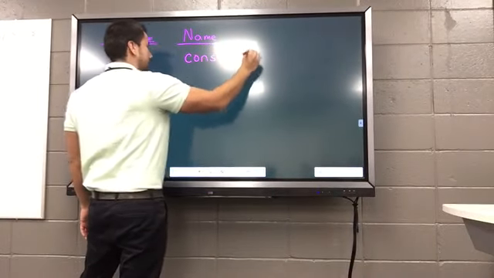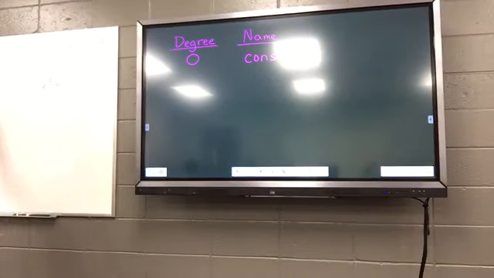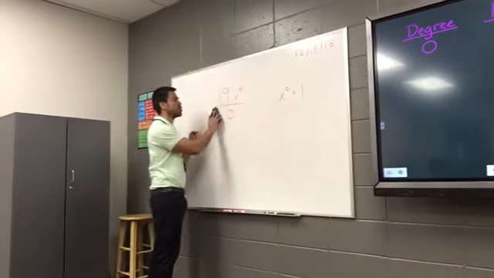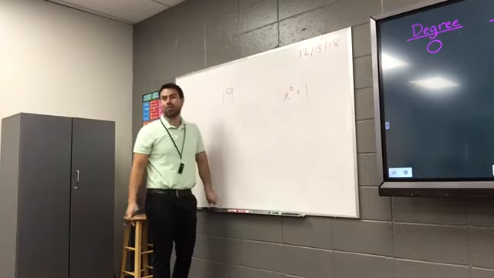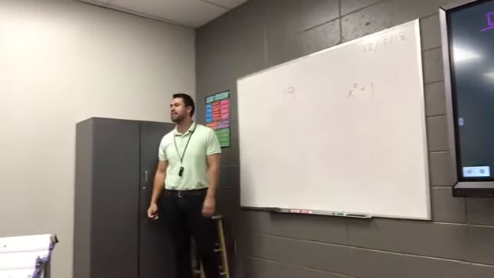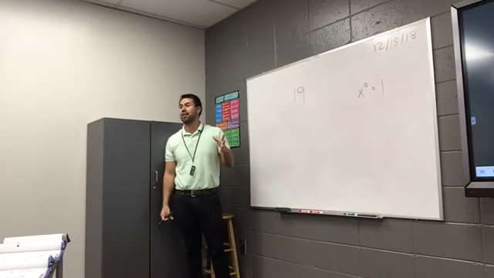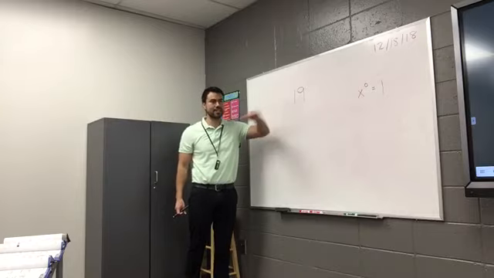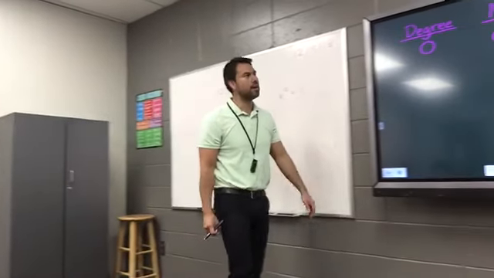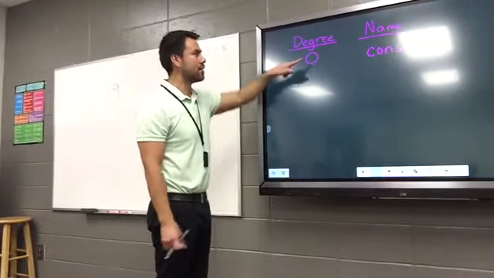So you know what you call 19? It's just called a constant. You know why you call it a constant? What does it mean to be a constant? It does not have a variable. It doesn't change. It stays the same. That's 19. That's if you have the highest degree of 0.